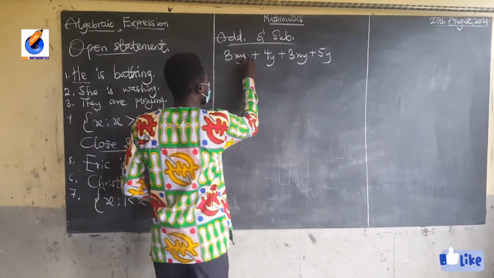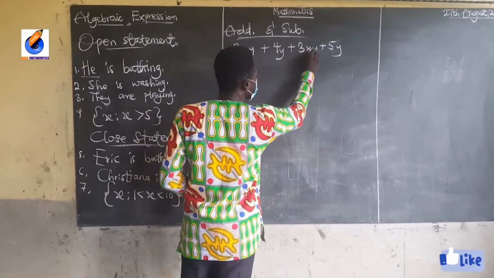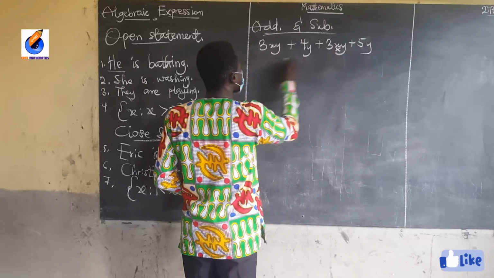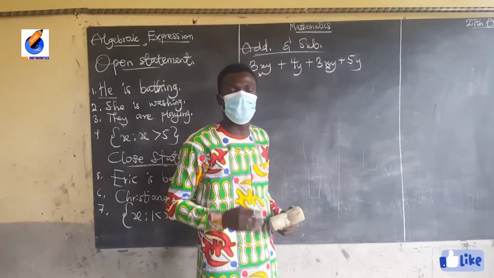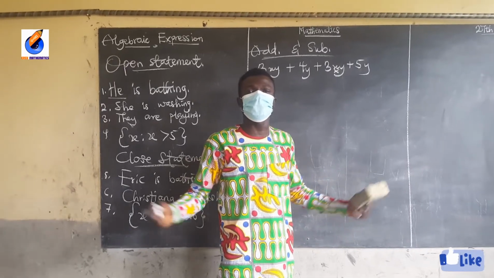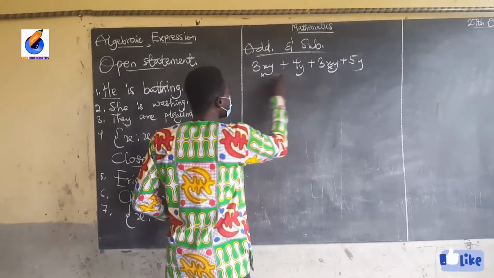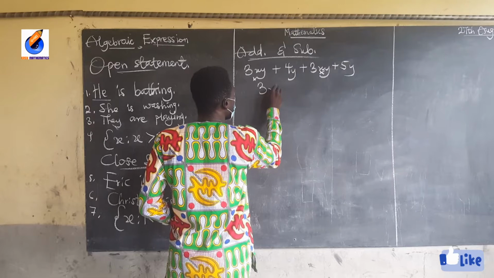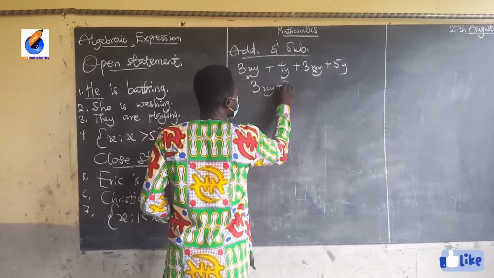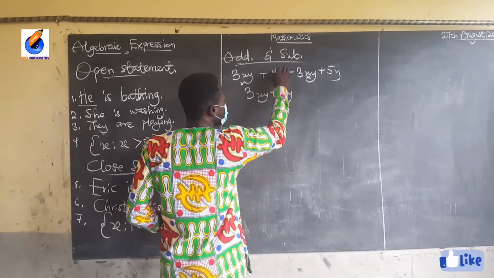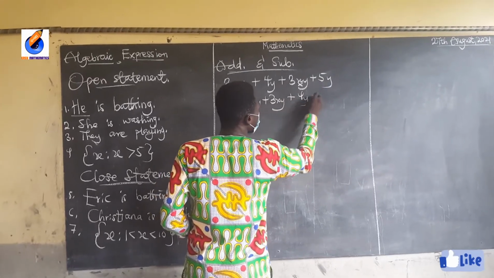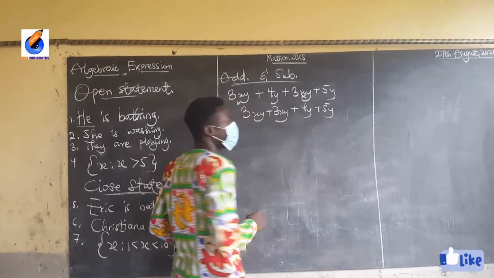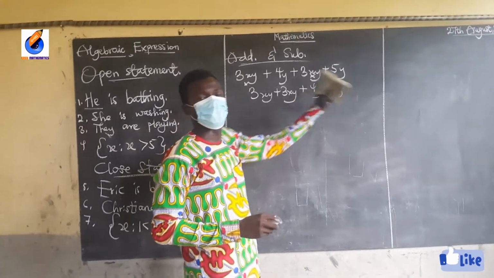So I have xy here, I have another xy. So this term and this term are called like terms. Why? Because they have the same variables. So grouping like terms will give me 3xy plus 3xy. Then this y and this y are also like terms. So plus 4y plus 5y.